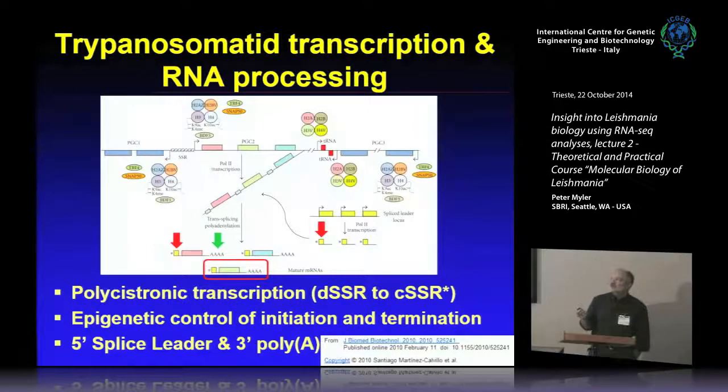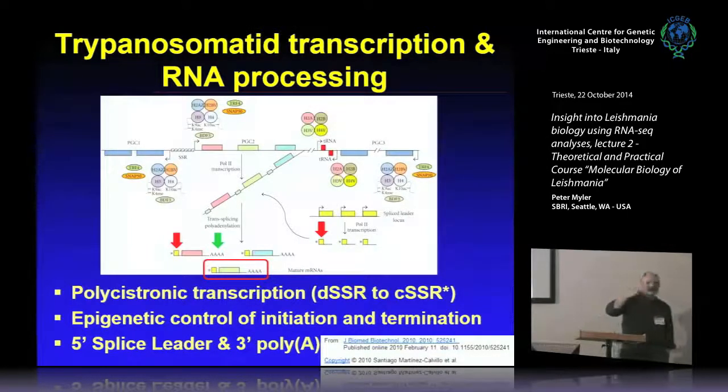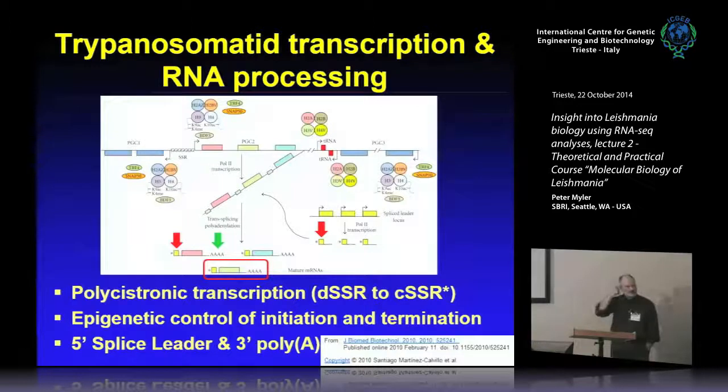What's interesting, though, is even though these are all made from the same RNA precursor, so therefore they are transcribed at exactly the same rate, and in fact there doesn't seem to be any real difference in the rate of transcription between different chromosomes in Leishmania, with the possible exception of chromosome 31 maybe.